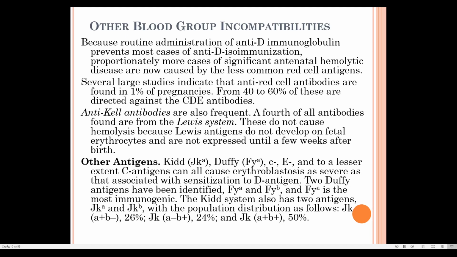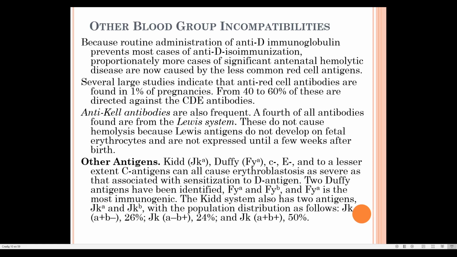Other blood group incompatibilities. Because routine administration of anti-D immunoglobulin prevents most cases of anti-D isoimmunization, proportionally, more cases of significant antenatal hemolytic disease are now caused by the less common red cell antigens.